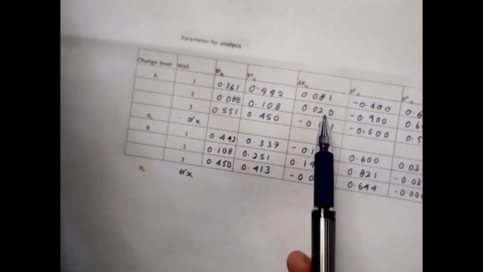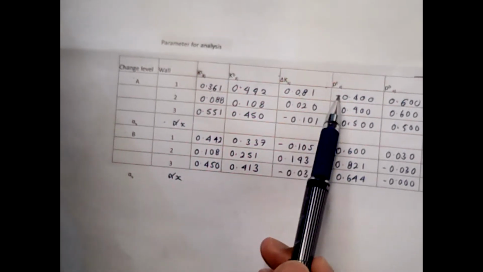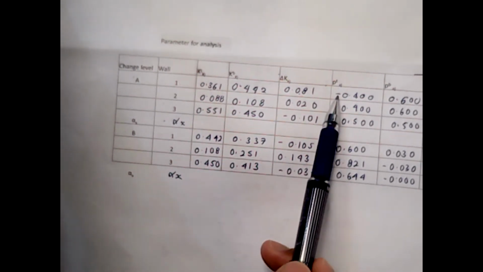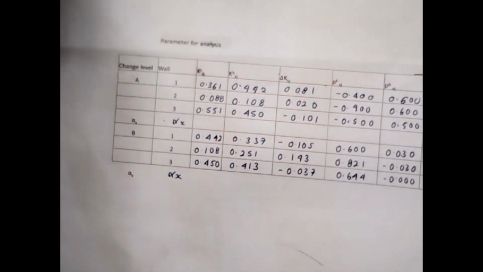What you need to do is multiply the difference in distribution with the coefficient factor here, and then sum them up. So the way you do that is like this.